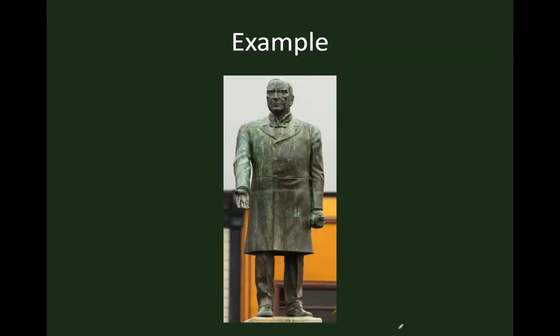I want to work through an example. And again, this idea of a coin flip as our model for binomial can be applied to so many situations. In this example, I have a statue of President William McKinley, the statue that used to be on the plaza in Arcata, California, and it was removed.